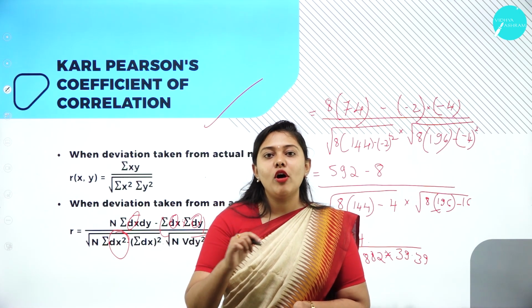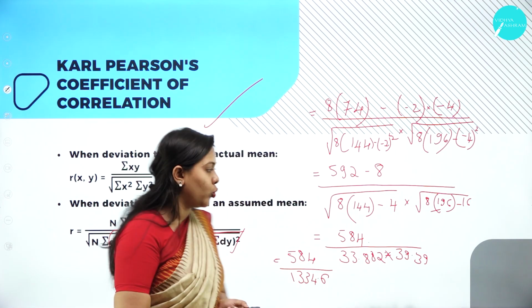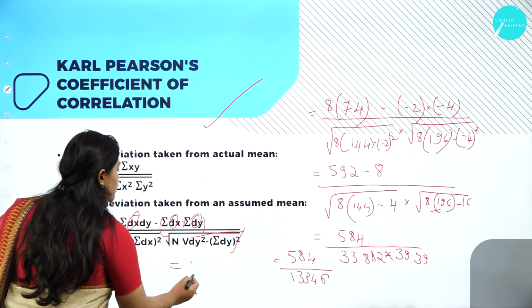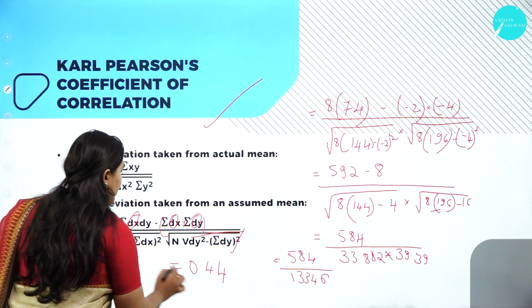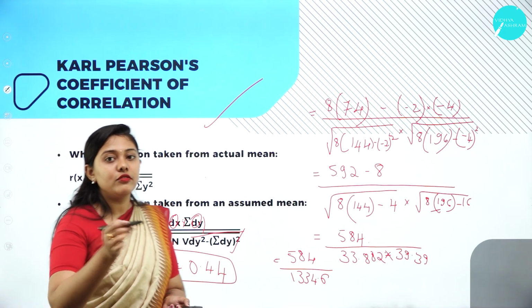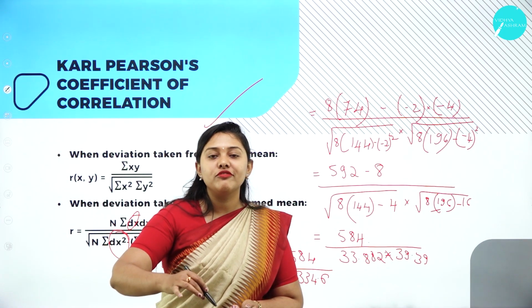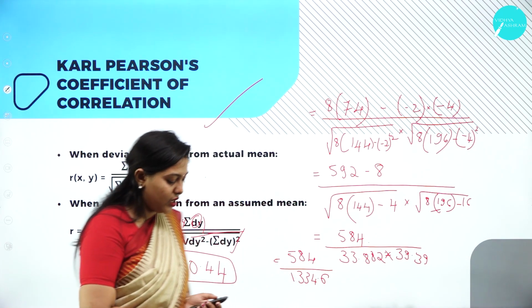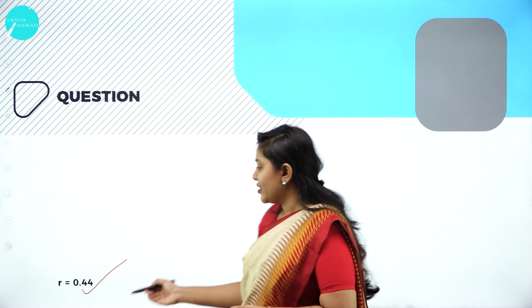So we can round it off as 0.44. So what will be the answer? 0.44 is your r. What kind of relationship do we have? We have positive correlation between the height of the father and the height of the son. 0.44 is the answer for this solution.